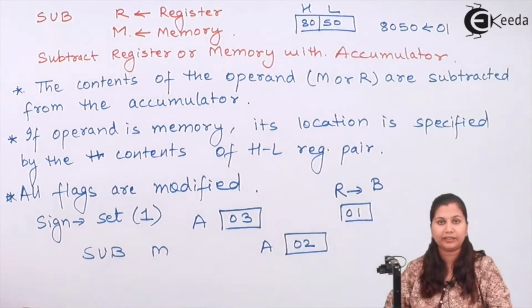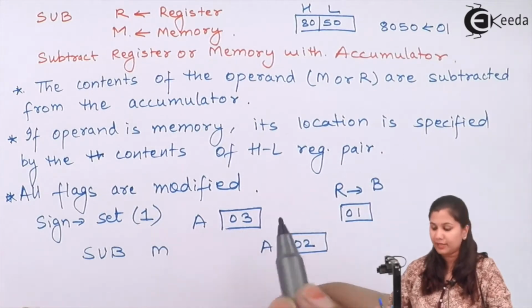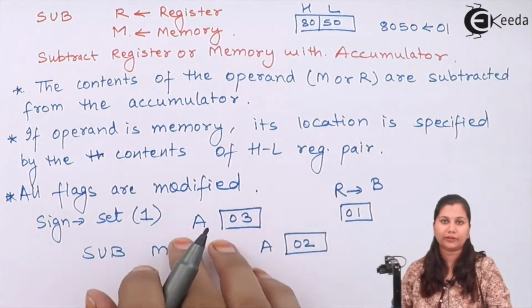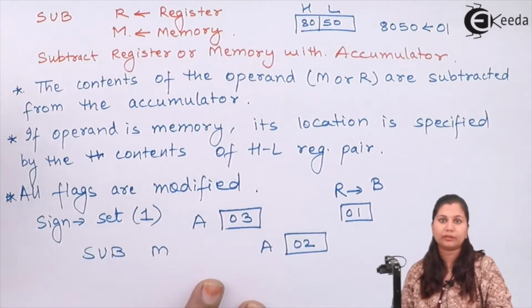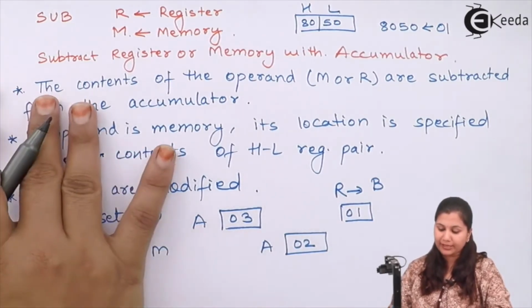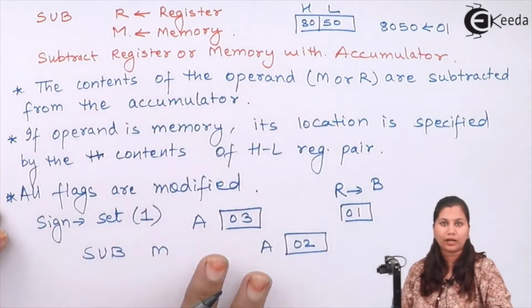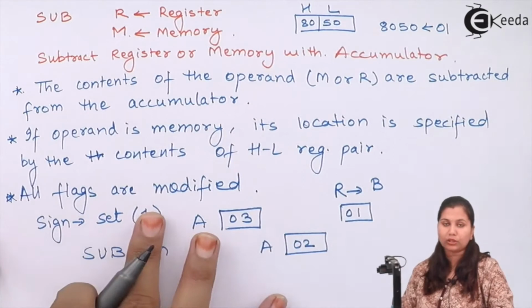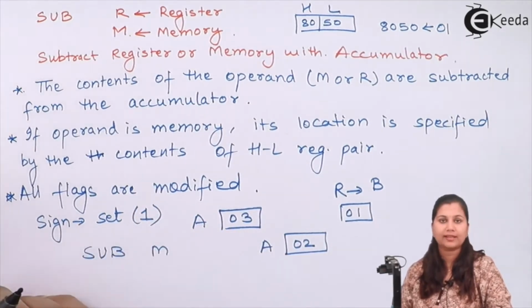Suppose we have 1 here, then this 1 will be subtracted from the accumulator and the result will be stored in the accumulator itself. So this is how this instruction will be executed. It subtracts the contents of the operand from the accumulator, and all the flags are modified to reflect the result of this subtraction.